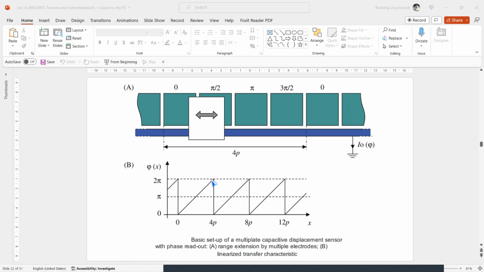Hence, the output phase changes periodically with displacement, with a period of 4 times the plate pitch P. We can see from 0 to 4P, from 4P to 8P, and 12P. An unambiguous output is obtained by keeping track of the number of past cycles using an incremental counter.